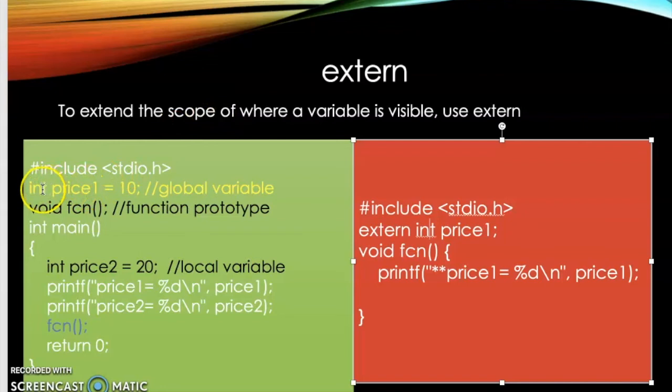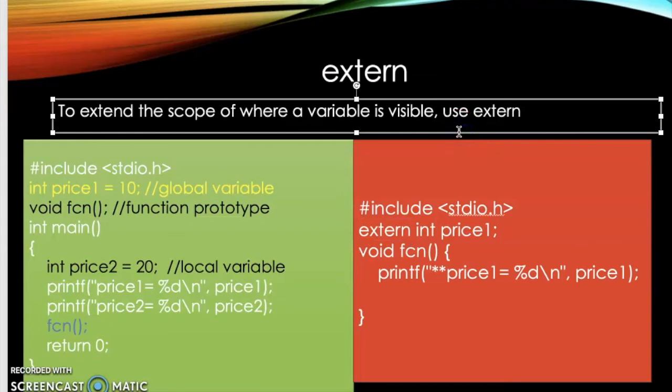So we want our global variable price1 to be defined and initialized as a global variable once, and the other file that wants to use that, it just needs to use the word extern and then the same variable name and the same data type, and then this will allow it to access that global variable that's actually declared in another file. So let's see a working code example.